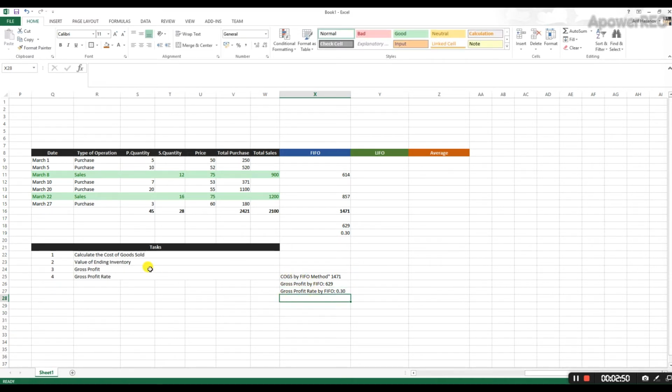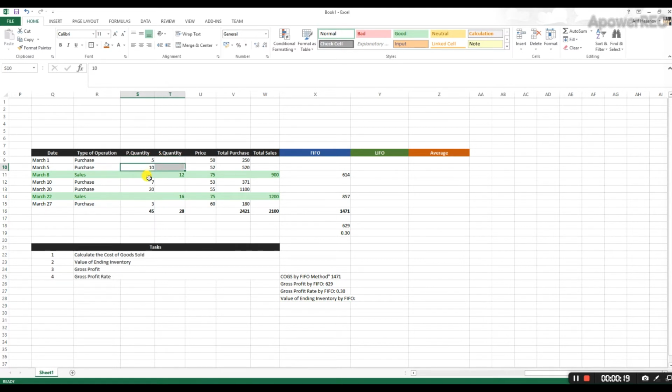And the last thing we've left, the value of ending inventory. And the value of ending inventory by FIFO is calculated like this. So if you remember, we sold all of it.